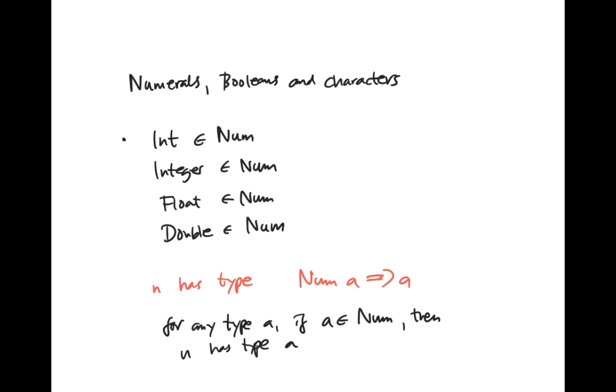How do we write that as a type judgment? We write it as follows: that in any type environment E, n has type num a to a.